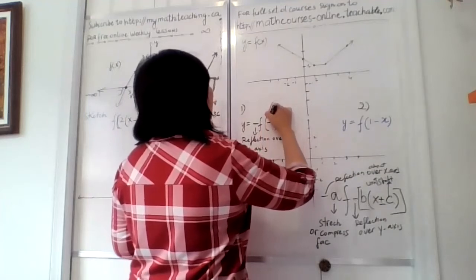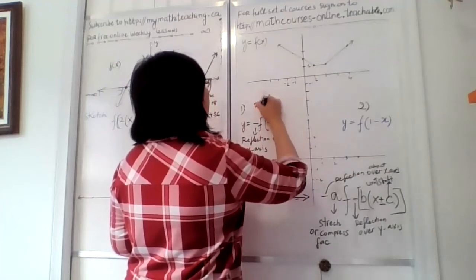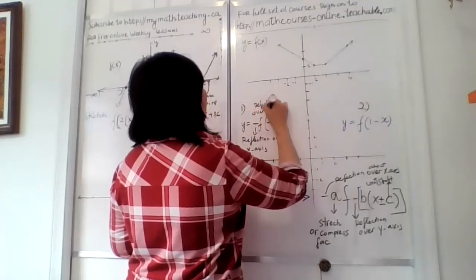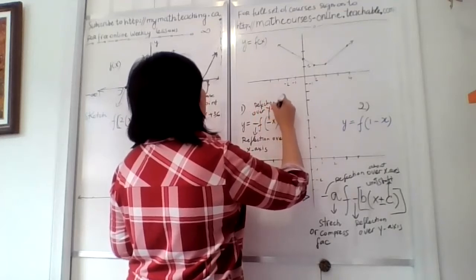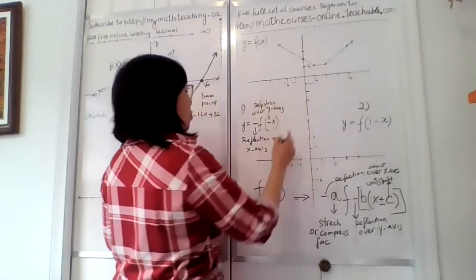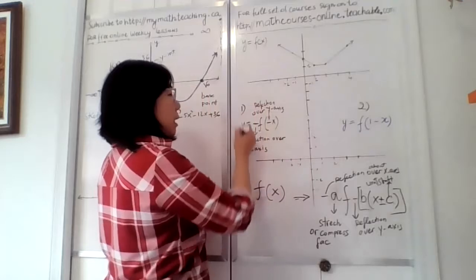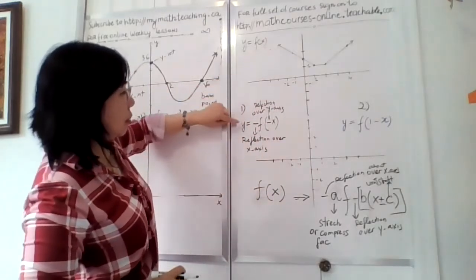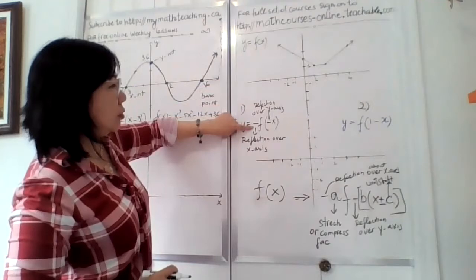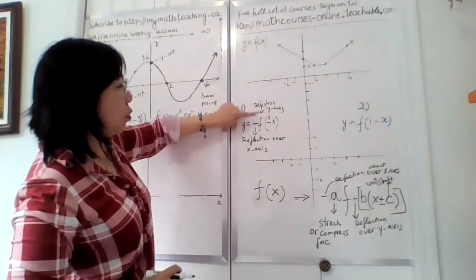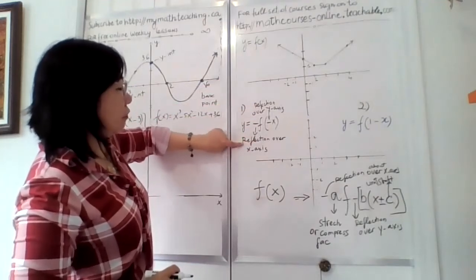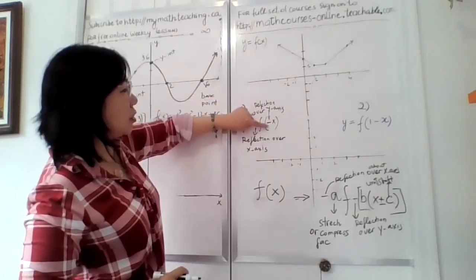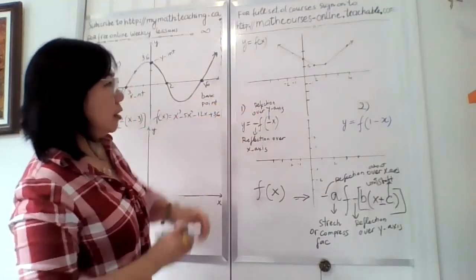We also have a reflection over the y-axis as well. So if we sketch this original function using this notation, we have to do both reflections. The first reflection is over the x-axis, and the second reflection is over the y-axis.